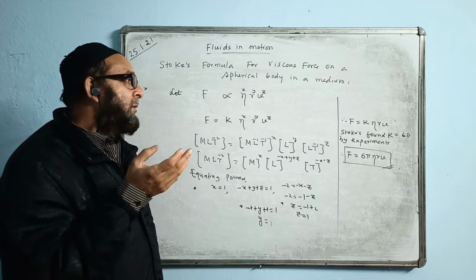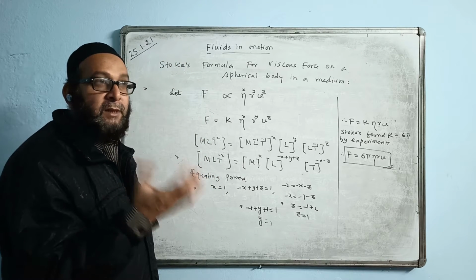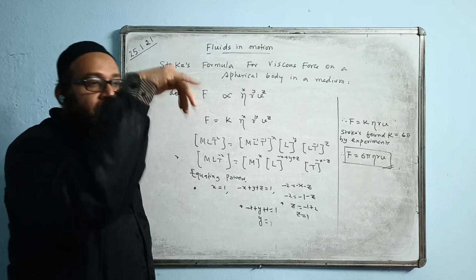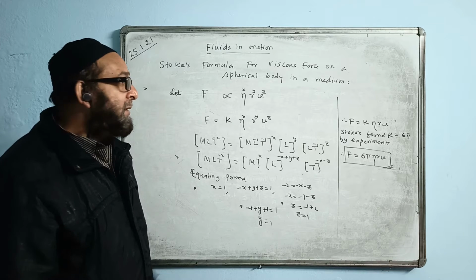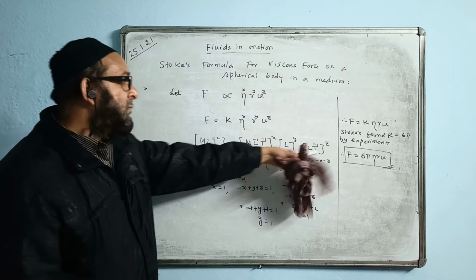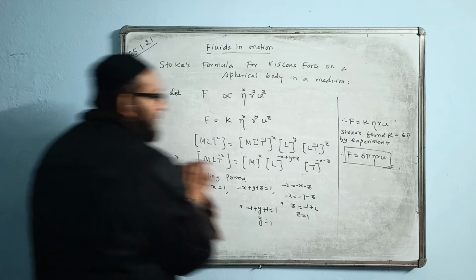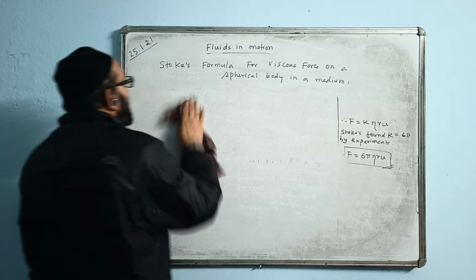If the density of the drop is less than the density of the medium, the drop will be rising up, and in that case the viscous force will act in the downward direction. This formula is known as Stokes formula. This derivation is in the syllabus, so we will do this.